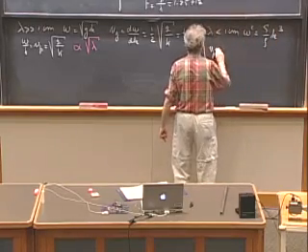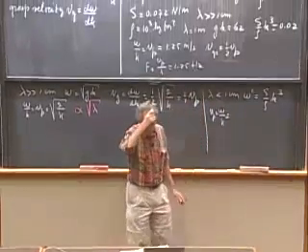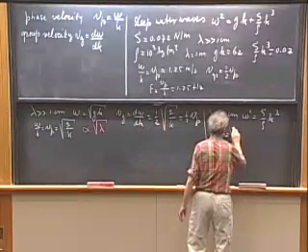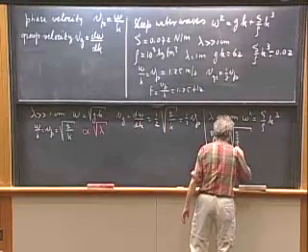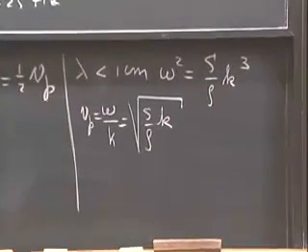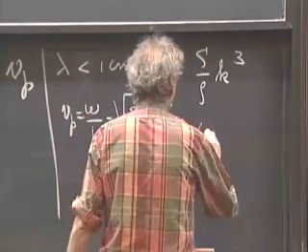So now the phase velocity, which is omega divided by k, is now the square root of s divided by rho times k, which now is proportional to the square root of 1 over lambda.